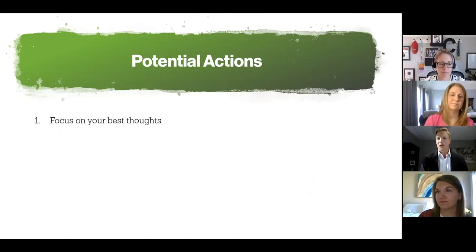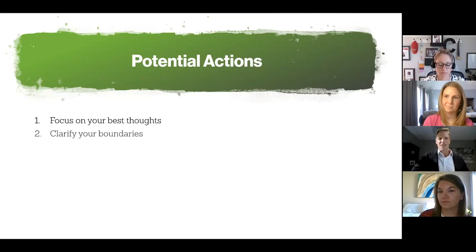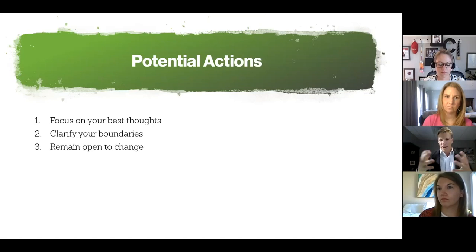First of all, that we would focus on our best thoughts. So we have an option. We have a choice of which thoughts we will focus on, and that we would clarify, in the midst of all of the anxiety, Facebook groups that we may be part of, where we're all posting our feelings and hearing other people's feelings, maybe people that we live with and our neighbors, that we would clarify who we are amidst all of the anxiety that we're facing, and that we would also remain open to change during this difficult time and ultimately emerge stronger.